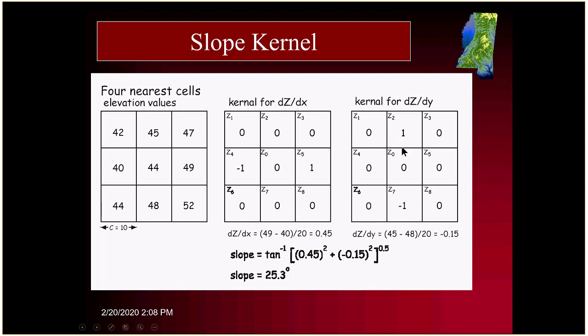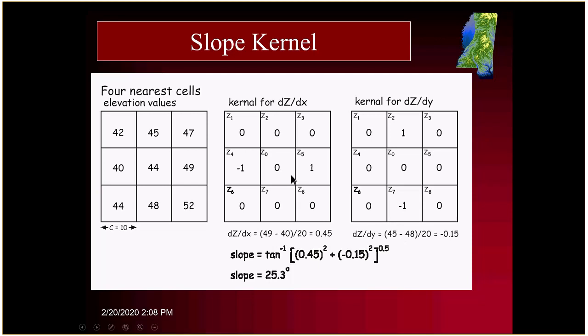We take them both. Okay, so that's where those numbers come from. So in this case, 49 minus 40 would be 9, and 48 minus 45 would be 3. So we have those values here. So this would be 9, this would be 3.